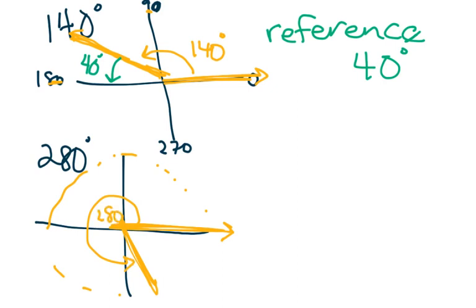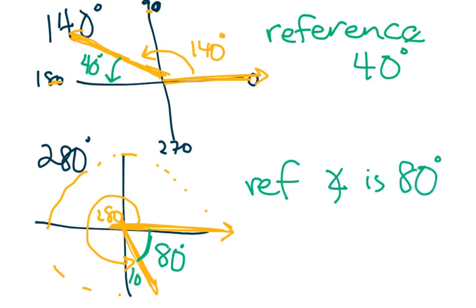Well, I want to know what's the difference between here. We know this is 270, so that makes this 10. And we know that's perpendicular, so that's going to make this 80 degrees. So the reference angle for 280 is 80 degrees. Again, it's the angle between the terminal ray and the closest part of the x-axis.